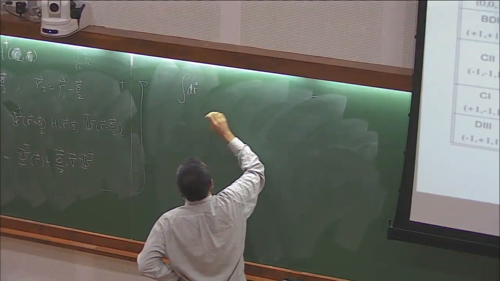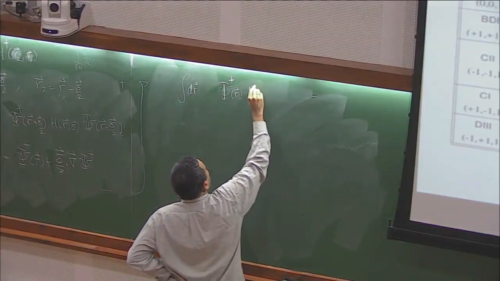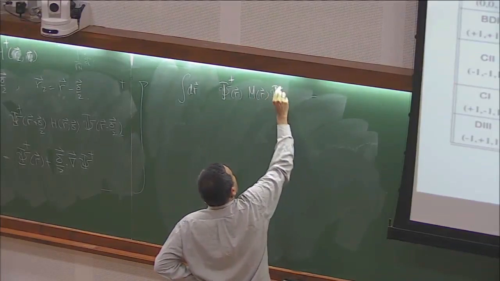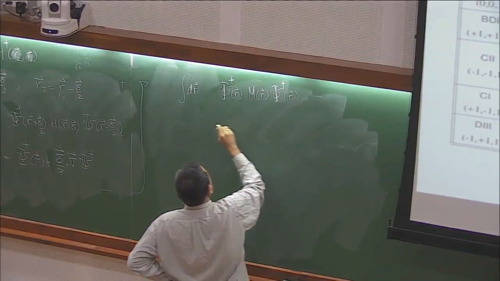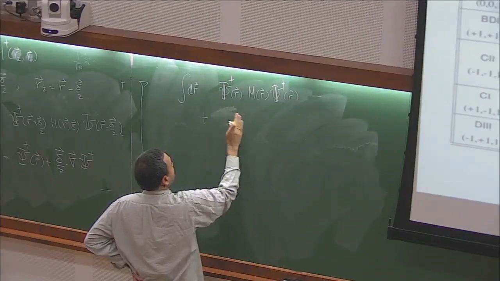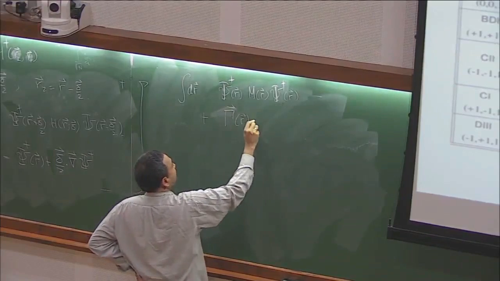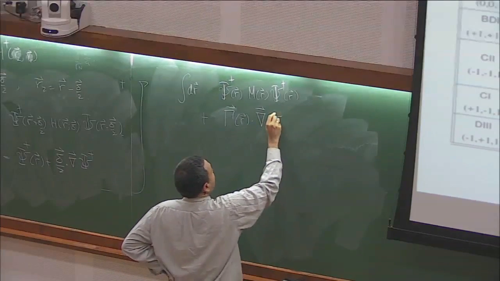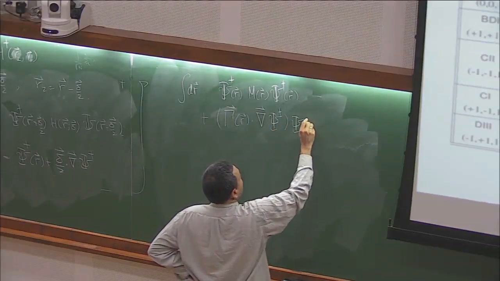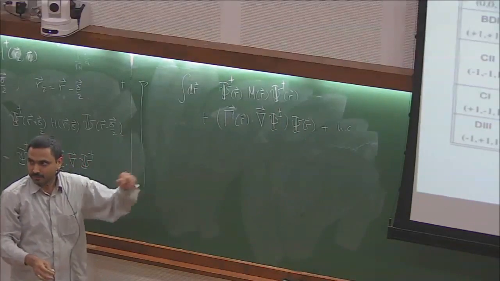I will get h of r is equal to psi dagger r, and let me anticipate something, M of r, this is a matrix, psi of r, plus terms like this: Gamma of r vector dot gradient psi dagger psi of r, plus a Hermitian conjugate term which I will not write down here.